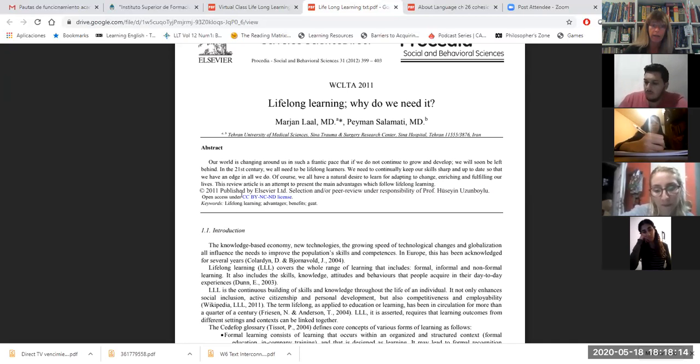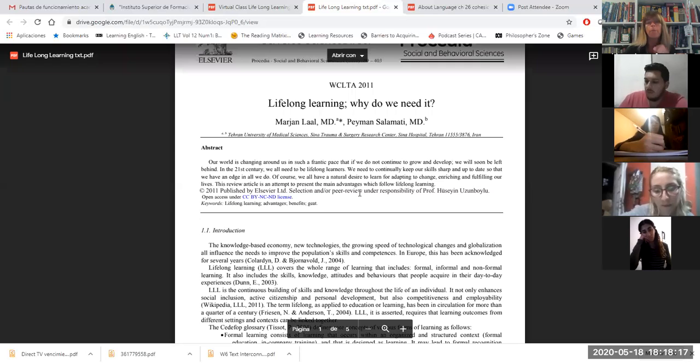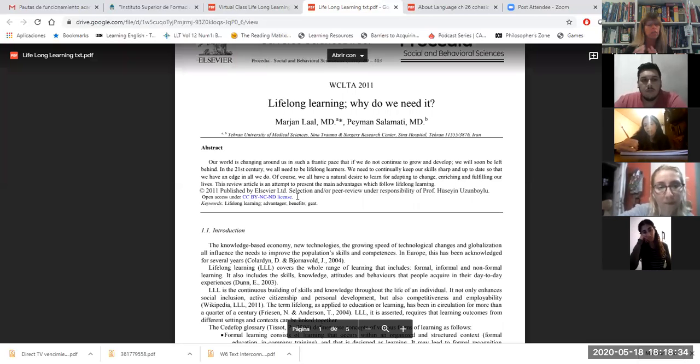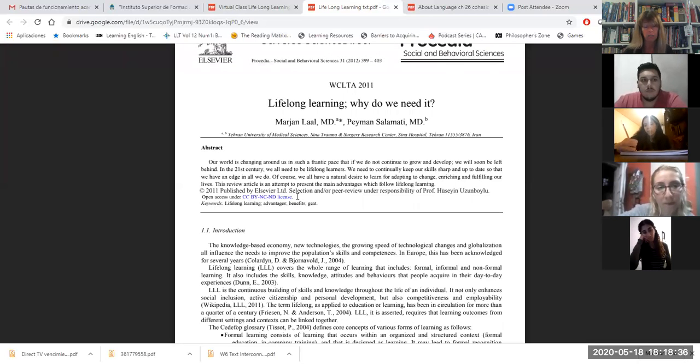But the abstract also includes parts of the conclusion, like, for example, in this case, this review article is an attempt to present the main advantages which follow lifelong learning. All right? So as you can see, there is a difference between the abstract and the introduction. Is it a little bit clearer?